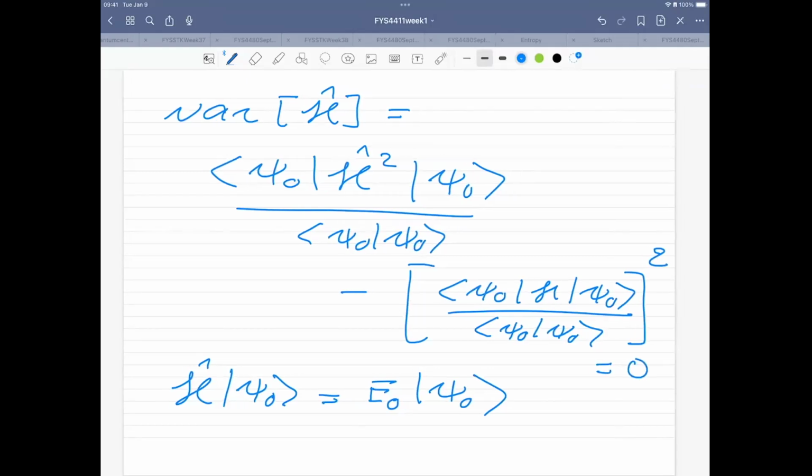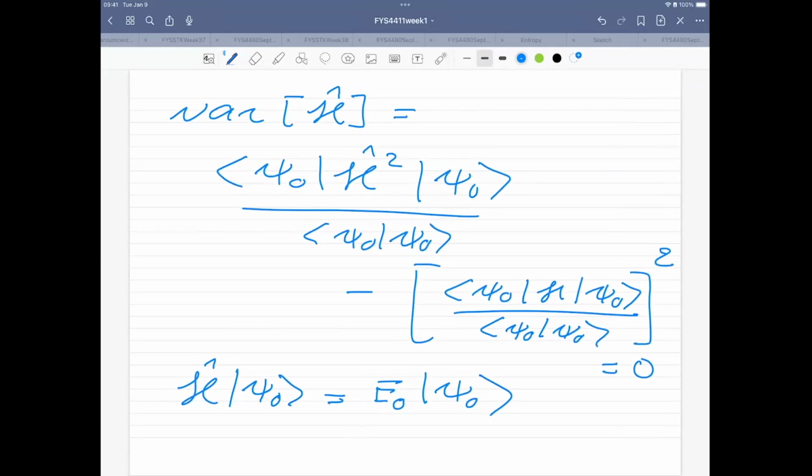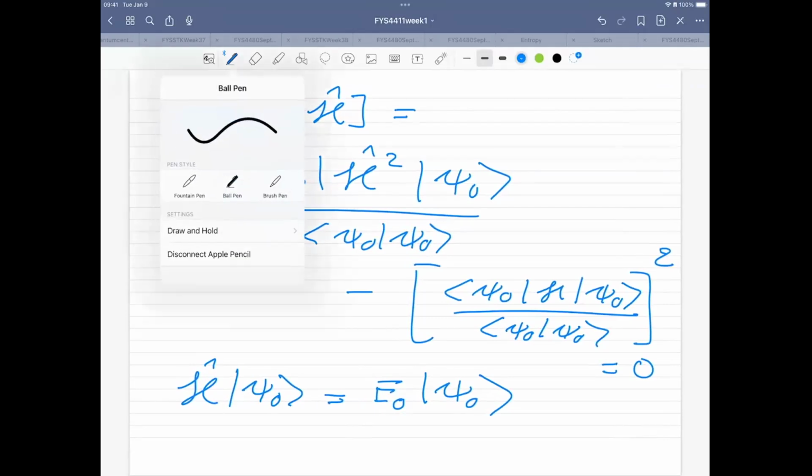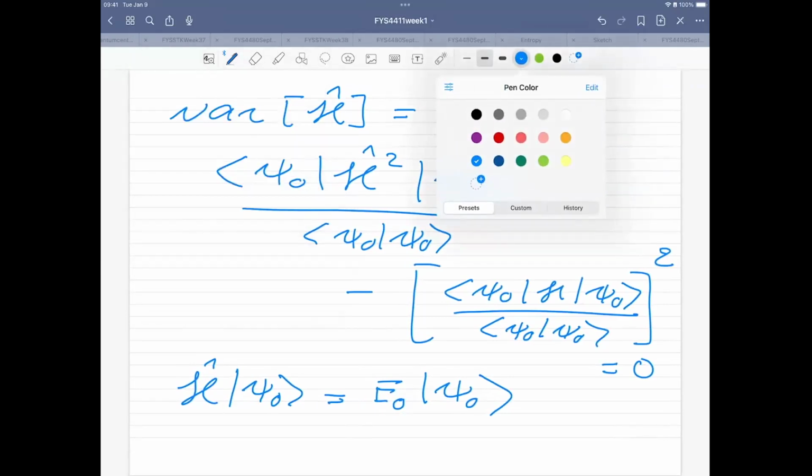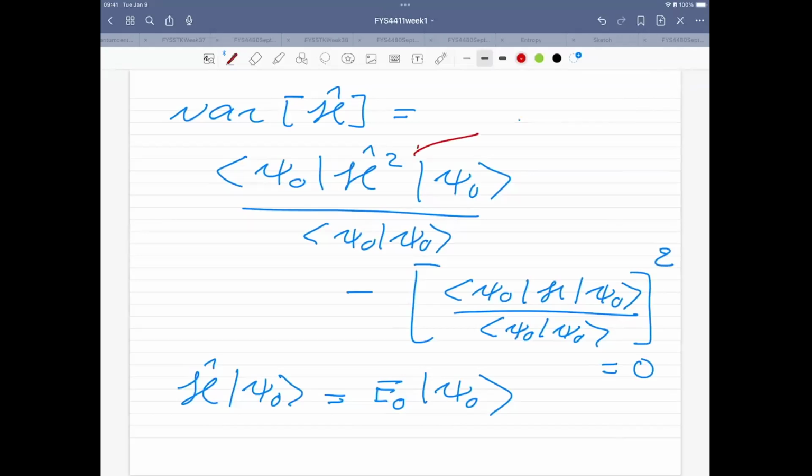Because you know that when this one acts on this state here, so let's just do that properly, this gives me just E_0 squared. This is the same as E_0 because the denominator is equal to 1. It's an orthogonal and normalized basis, which we have. So what I have is E_0 squared minus E_0 squared.